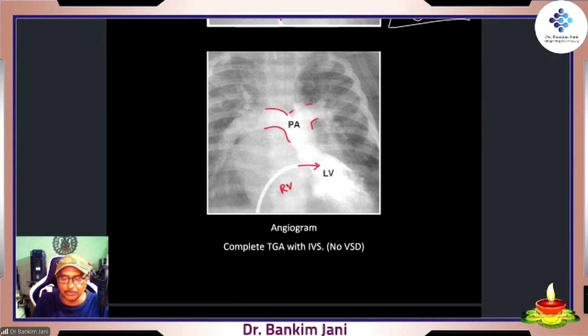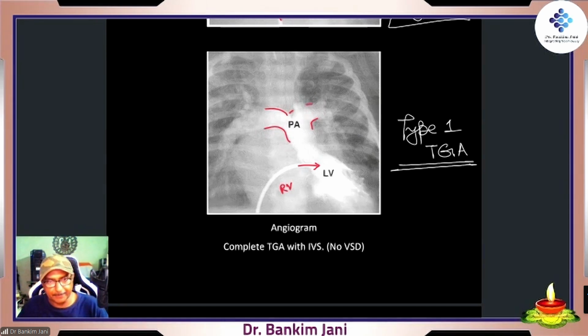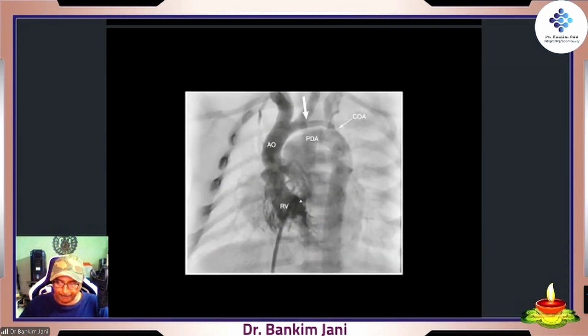The dye is going over there. Now it is stamped, confirmed that we are dealing with intact ventricular septum, and this is a type 1 transposition of great arteries. Correct? So that is complete TGA with intact ventricular septum, that is no VSD. So this one would be the type 1. Clear? Okay.